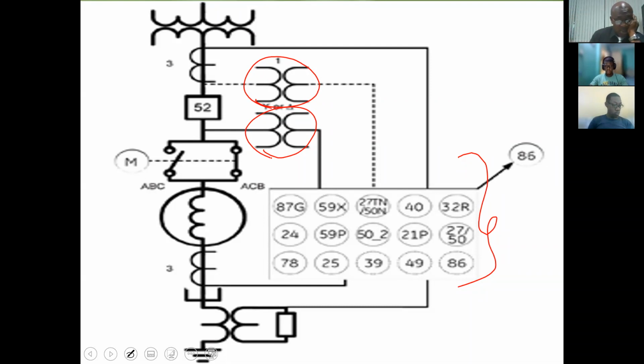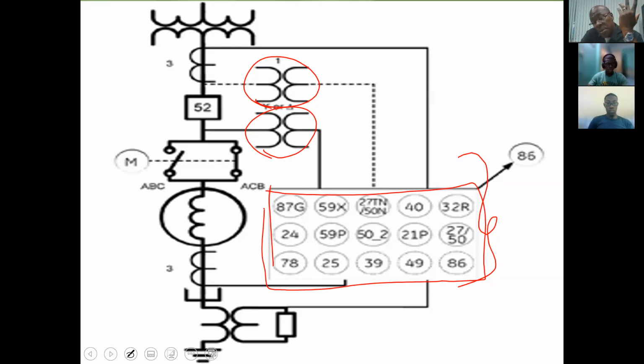Your 86 would be your lockout relay, etc. Your 21 shown there would be a distance relay. Depending on which relays we're using, you would see the particular device number on your drawing. And there are quite a few numbers. You will be familiar with them with time, with use.